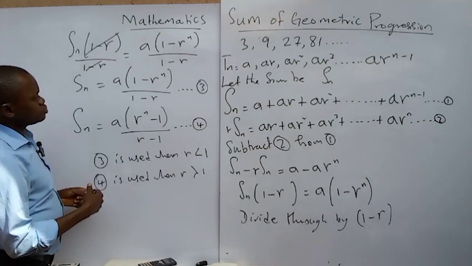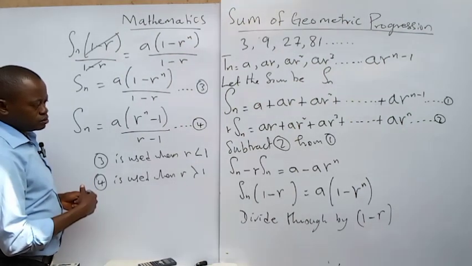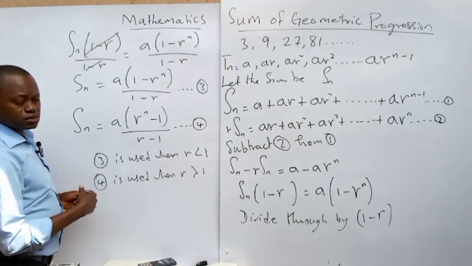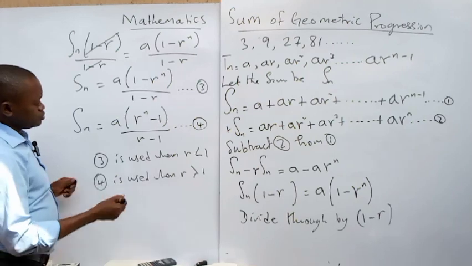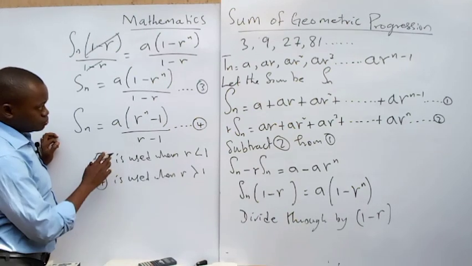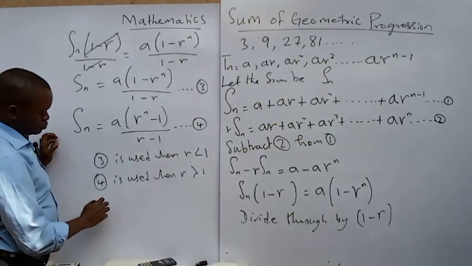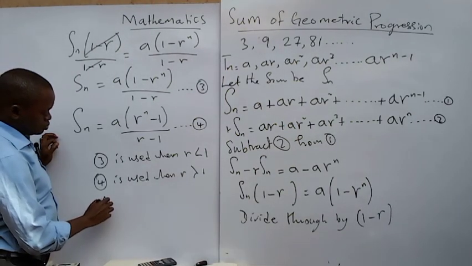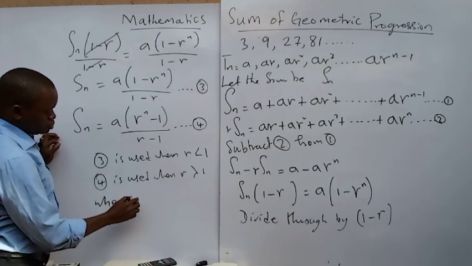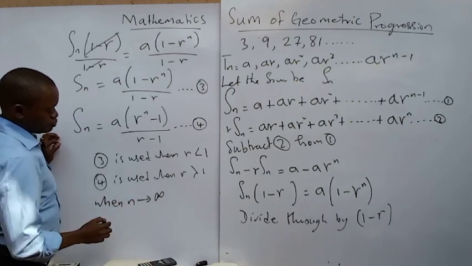Now, if you consider the sum to infinity of a geometric sequence, that is the case when n tends to infinity.